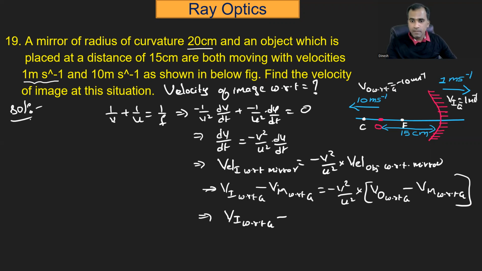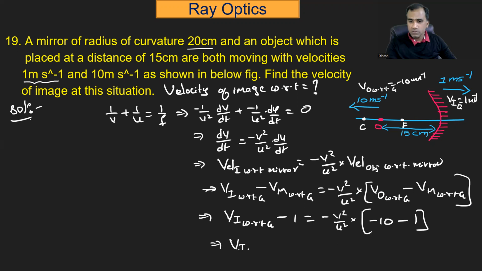We have to use u, which we know, but v we don't know. So velocity of object with respect to ground is given as minus 10, and velocity of mirror with respect to ground is plus 1.